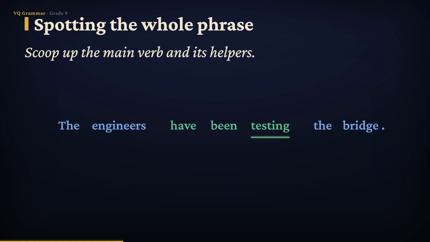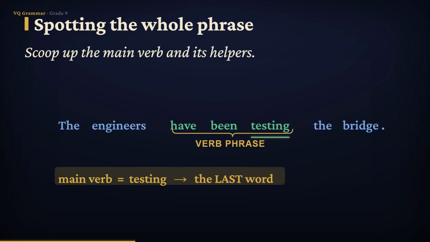So the complete verb phrase is have been testing, three words acting as one. Watch how a bracket scoops up the whole group. And notice where the main verb lands. Testing is the very last word of the phrase. That's a rule you can count on. The main verb is always the last word in the verb phrase.